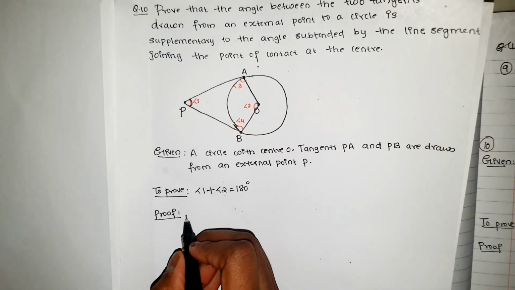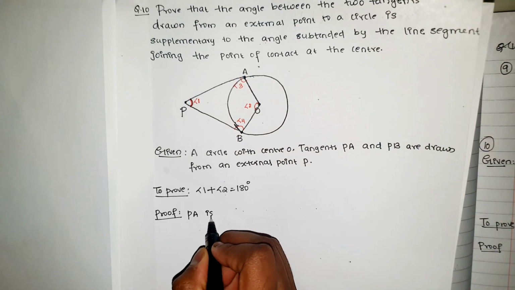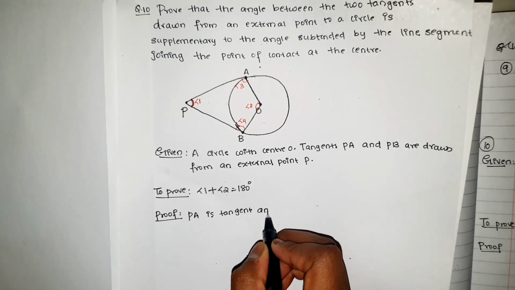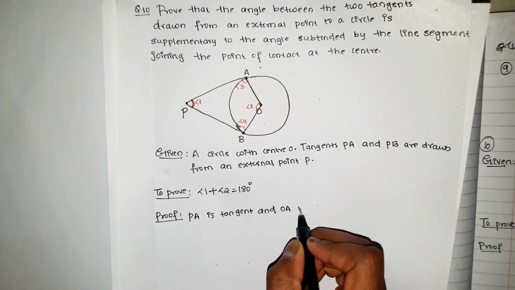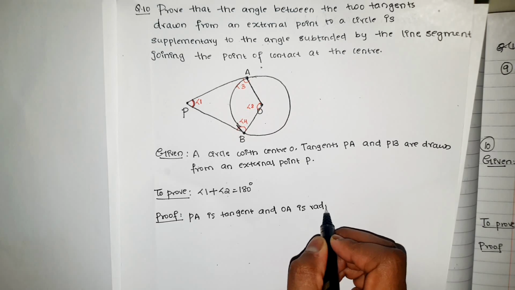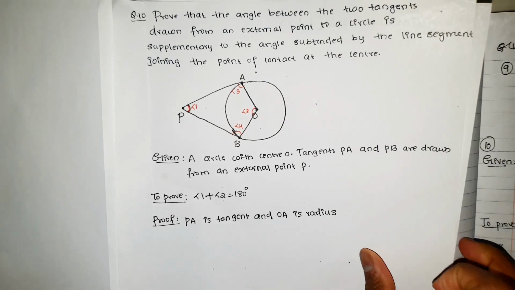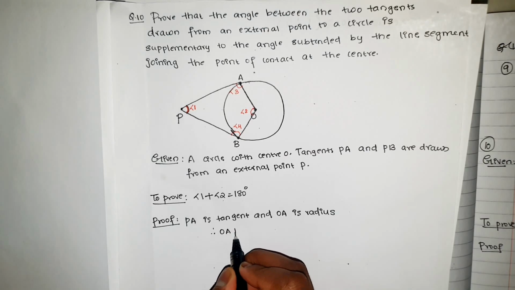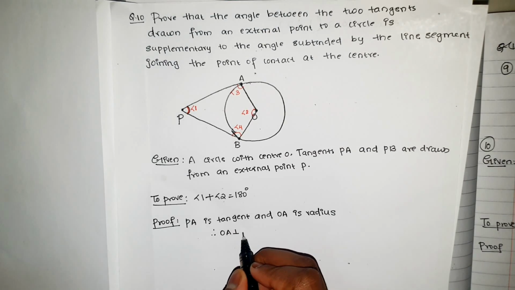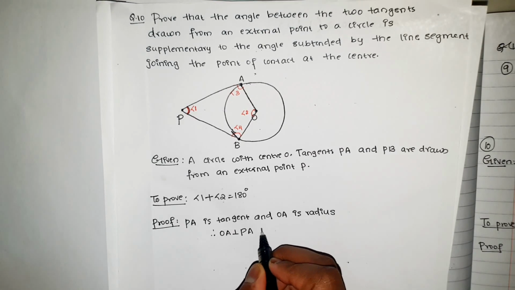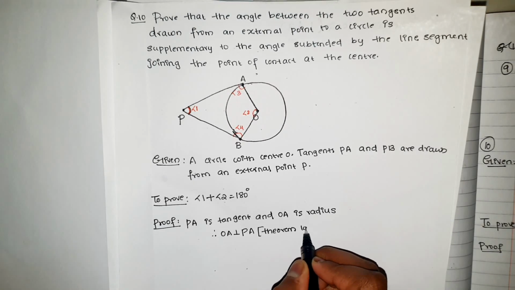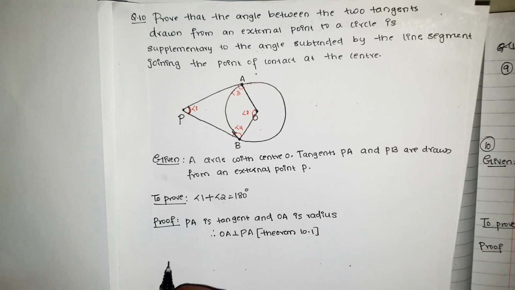So here PA is tangent and OA is radius. Okay, therefore OA is perpendicular to PA. Why? By theorem 10.1.